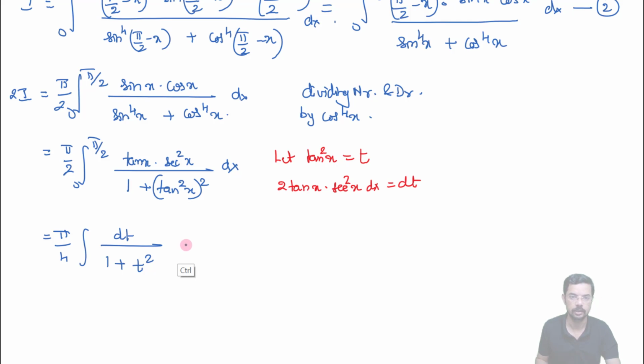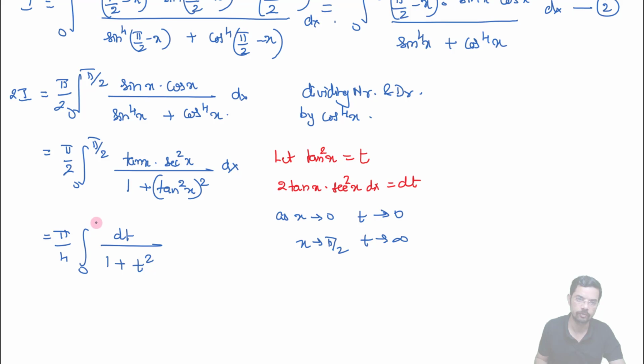Now the limits: as x tends to 0, t tends to 0. And as x tends to pi by 2, t tends to infinity. So we have the integral from 0 to infinity of 1 by 1 plus t square into dt.